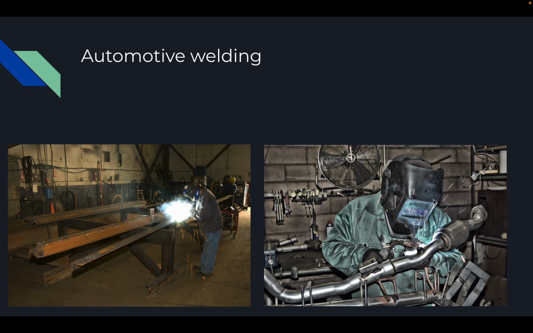I'm more used to seeing exhaust systems get welded. Like this guy right here, he's welding in the exhaust for a car. Usually for these types of jobs, it's MIG and TIG being used. Like this guy right here, I can tell he's using MIG just because of the way this thing is shaped.